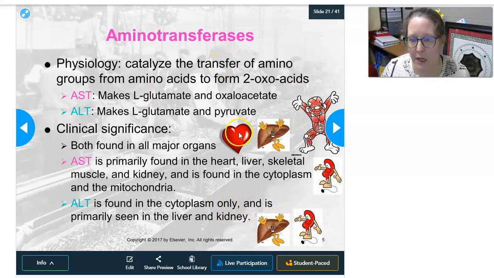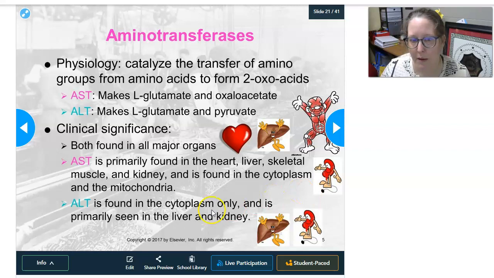And so knowing where you normally would find it can help you figure out what's going on. AST and ALT are often ordered together. They are part of a comprehensive metabolic panel. They are part of a liver function test. And then you can use the results to interpret.